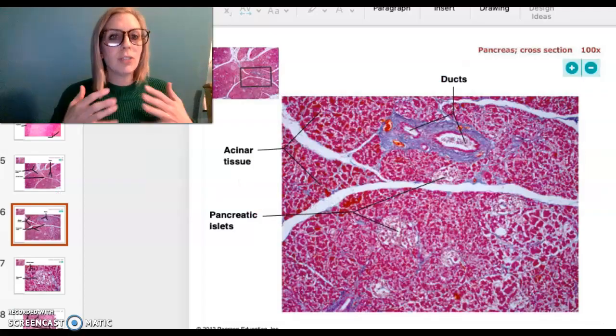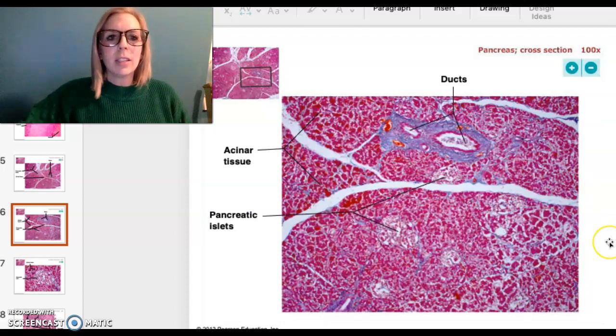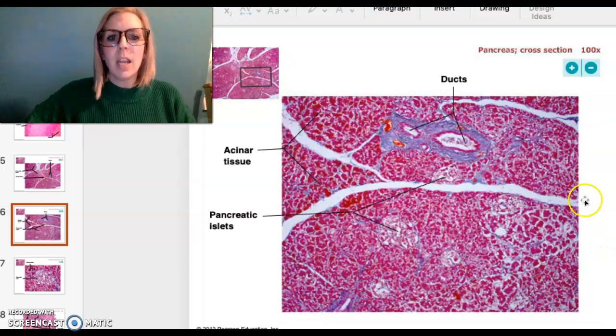So if we zoom out a little bit from the lab manual and we look at the pancreas in cross-section, one of the things that we would be looking at in the slides in the lab is where you're zooming in slowly. So I really like to pull back sometimes and then zoom in again. Now you can see these pancreatic islets here.